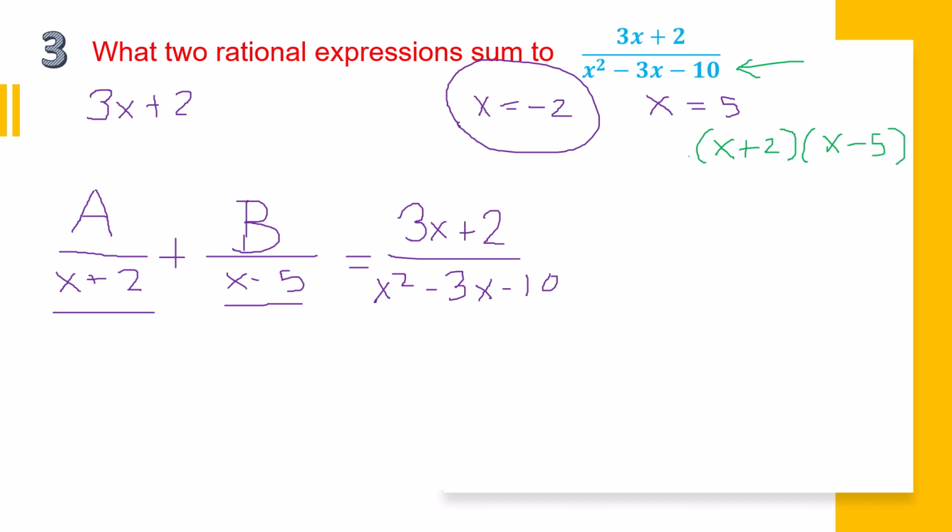Okay, so we're going to be multiplying this through by x plus 2, x minus 5, which will just cancel this out, because if we multiply those out, that's where we got that in the first place. We factored that. Then if I multiply this term, the x minus 5 cancels, and we're left with B times x plus 2.